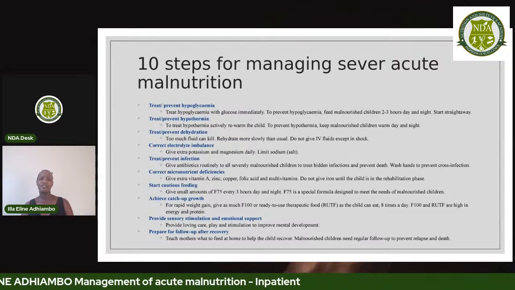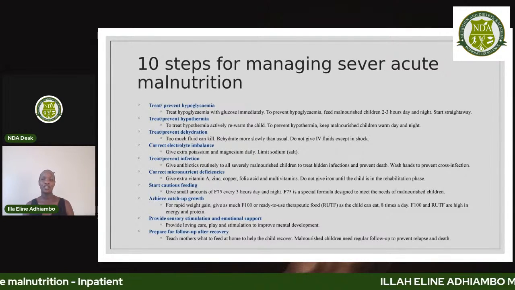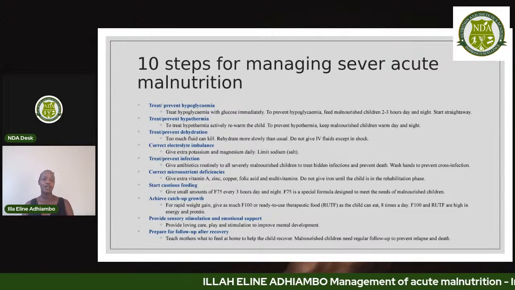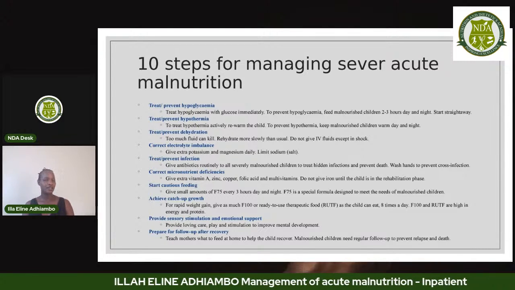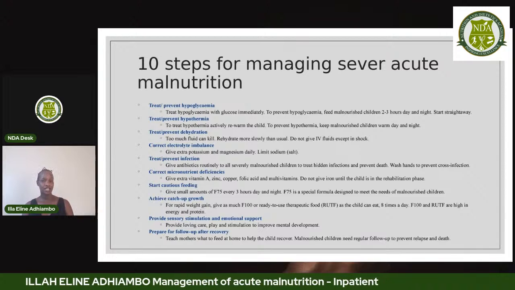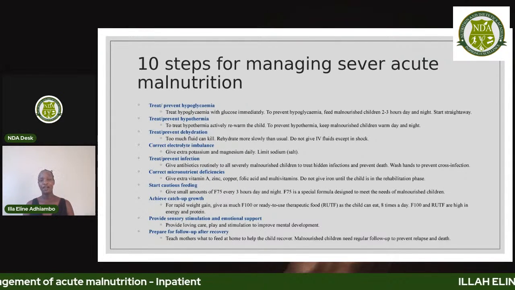You're going to give folic acid, multivitamin syrup, and zinc. Iron we withhold for some time until the child comes out of danger. When managing this, we have two major phases.